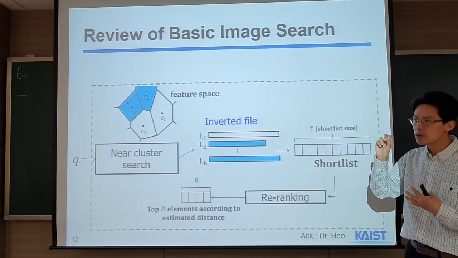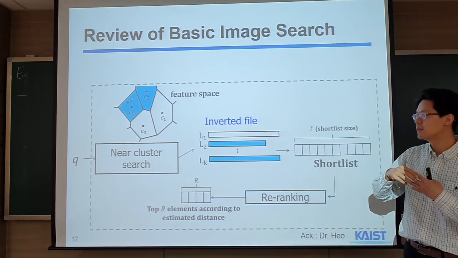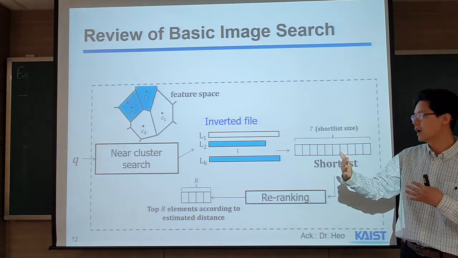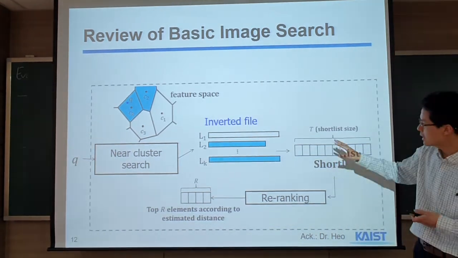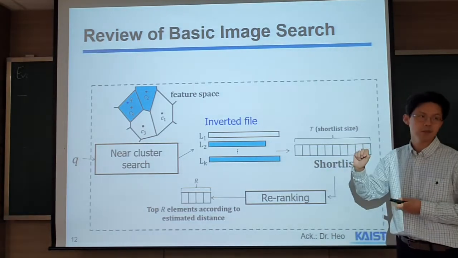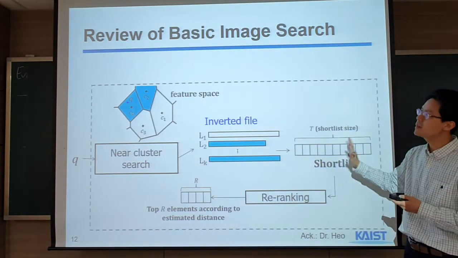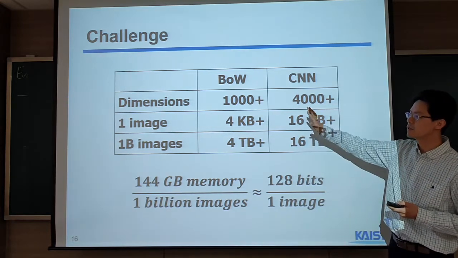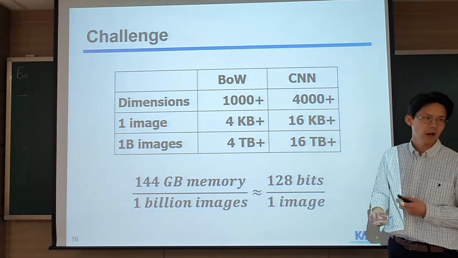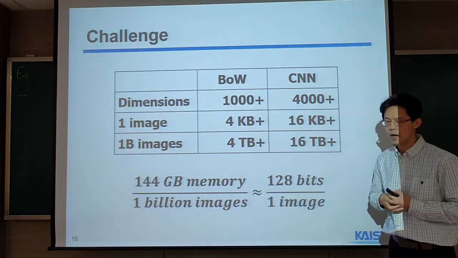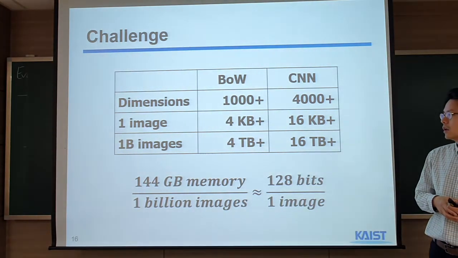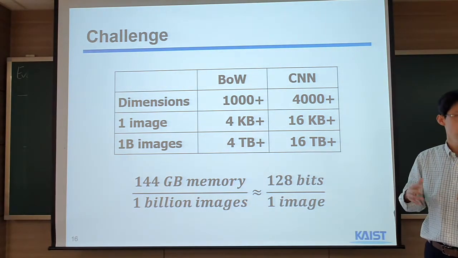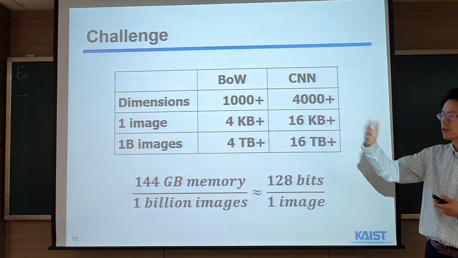In that case, we need to look at the descriptor, and at least perform the L2 distance in terms of the matching, right? Using the L2 distance with the descriptor, right? Even in that case, we need to use this descriptor, right? So it means that we need to store these 1 billion image descriptors in the main memory. Otherwise, we have to access the disk, which is a very slow operation when we are doing the search operation.